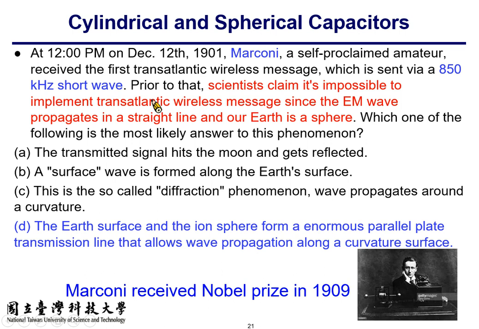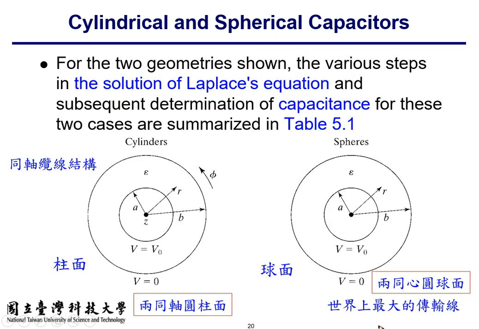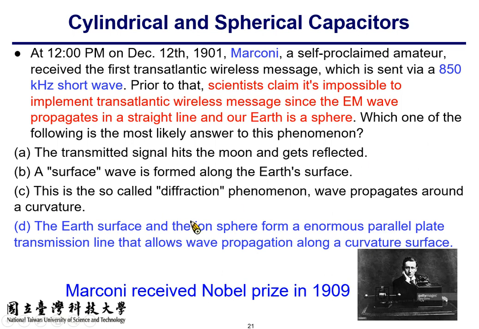That's the reason why I referred to the Earth as well as the ionosphere as the largest transmission line in the world, the world you live in. All right. So Marconi not only received a lot of money, he also received the Nobel Prize 8 years later.